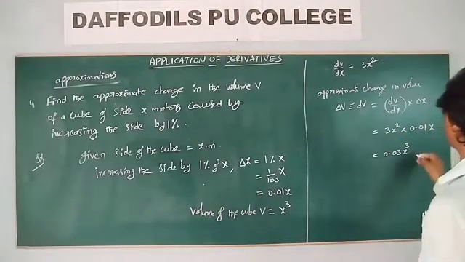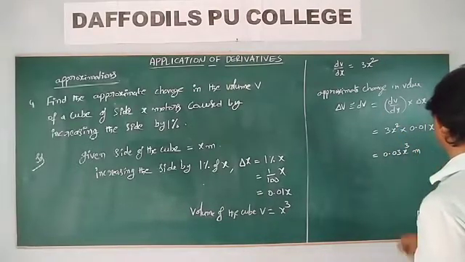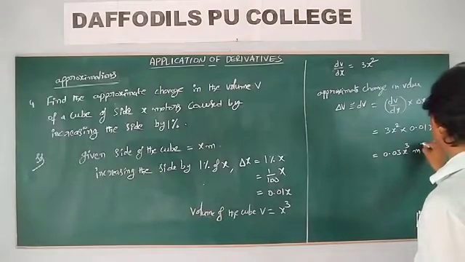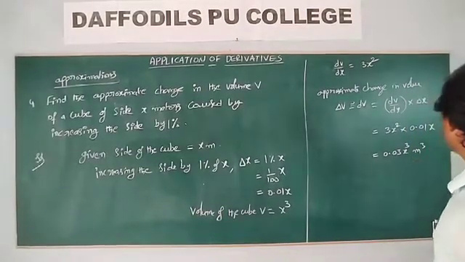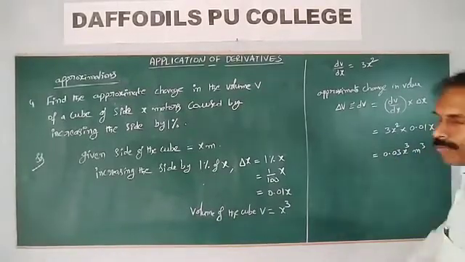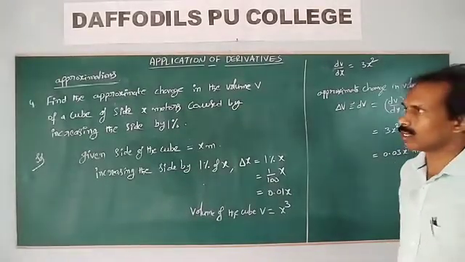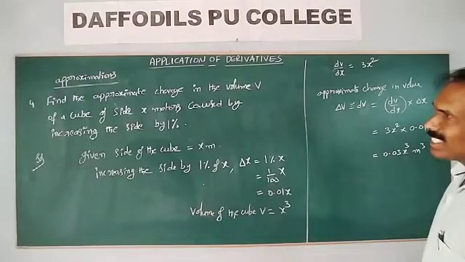So the change in volume is in meter cube. Delta v is equal to 0.03 x cube meter cube. So that is the approximate change in the volume.